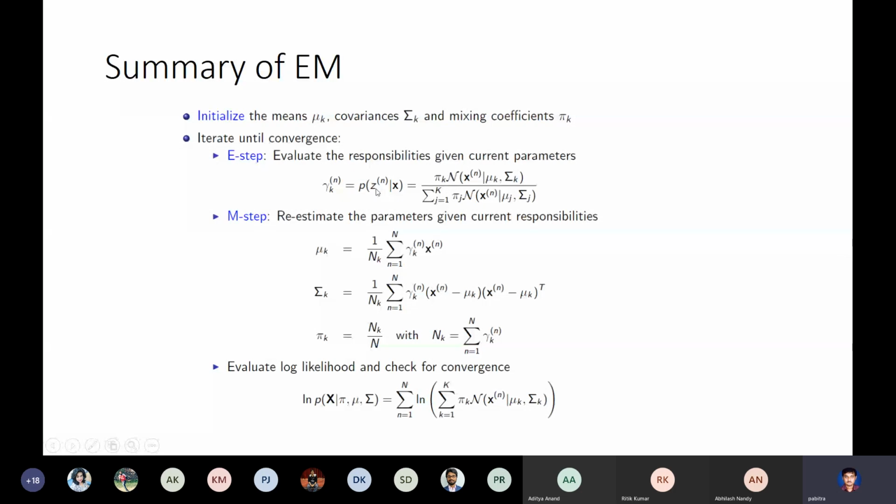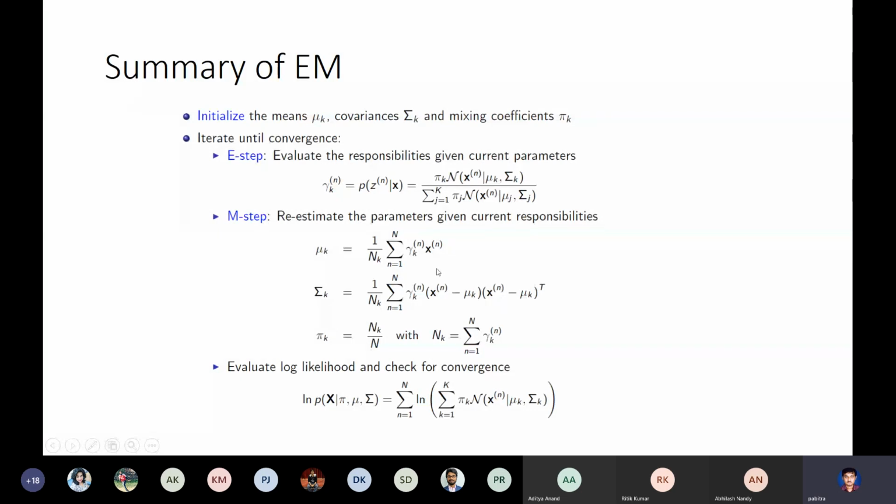This is how you estimate them. Note that here the values of mu, sigma, pi are fixed in the step. This is how you get your z vector. Once you have got your z vector, in the M step you re-estimate. You use this gamma value, the components of the z vector.